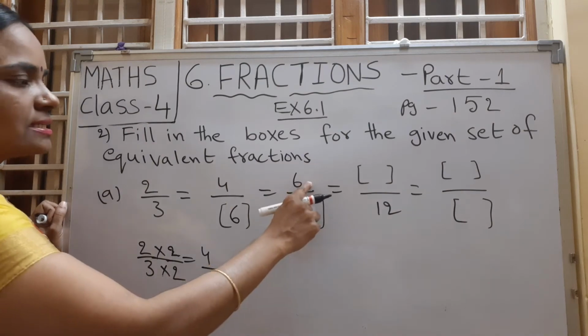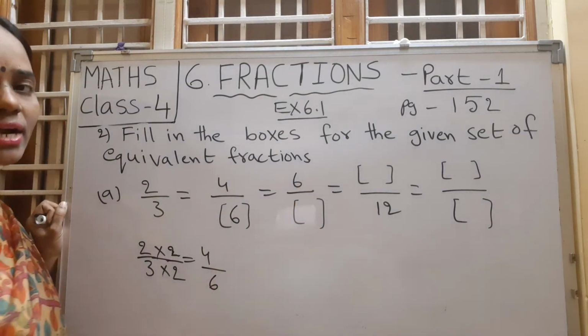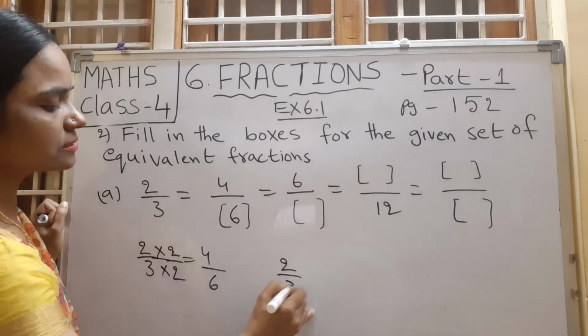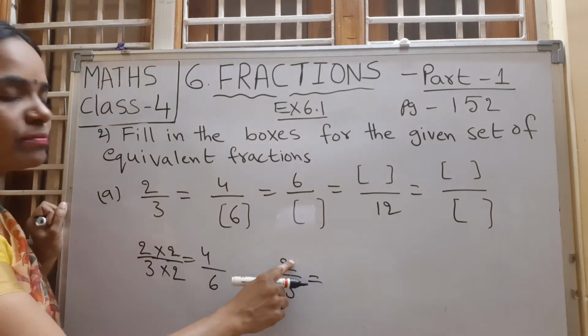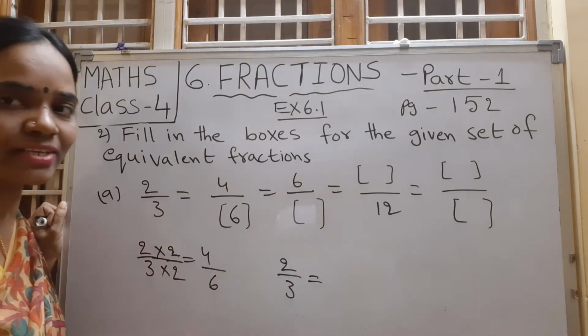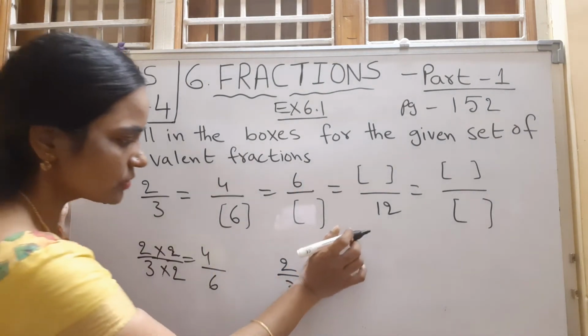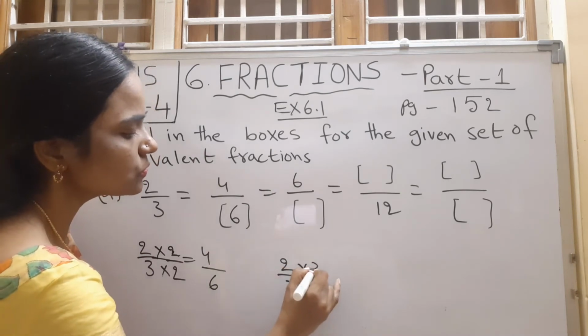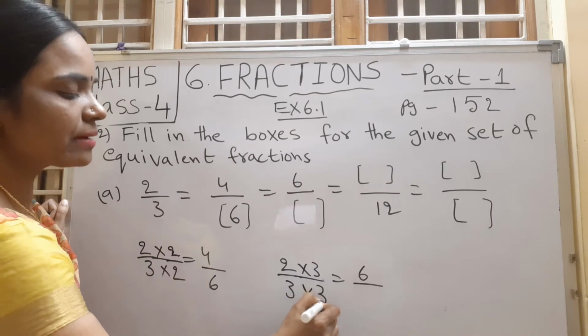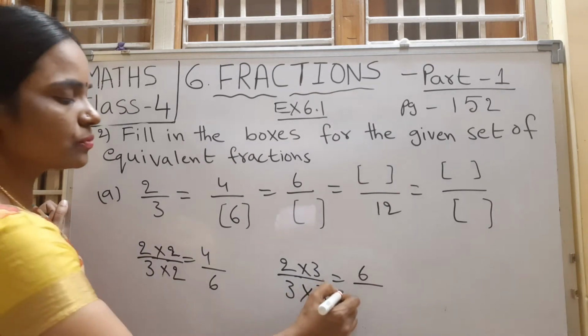Next, coming to the next one, 6 is there. Down one we have to find out. Again 2 by 3. So with what number do we have to multiply the 2 to get 6? Think of the 2 table, when do you get 6? Yes, 2 3s are 6. So into 3. So down also multiply with 3 only.